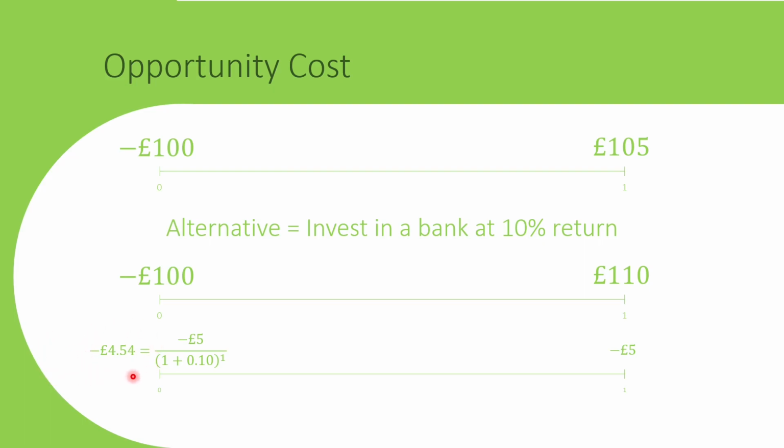So your option over here is worse than your alternative. Whereas in the previous example, we got a 36.36, and that was a positive figure, which means that our previous option where we invested 100 and got 150 in the future was better than our alternative by £36.36 in today's terms. Okay.